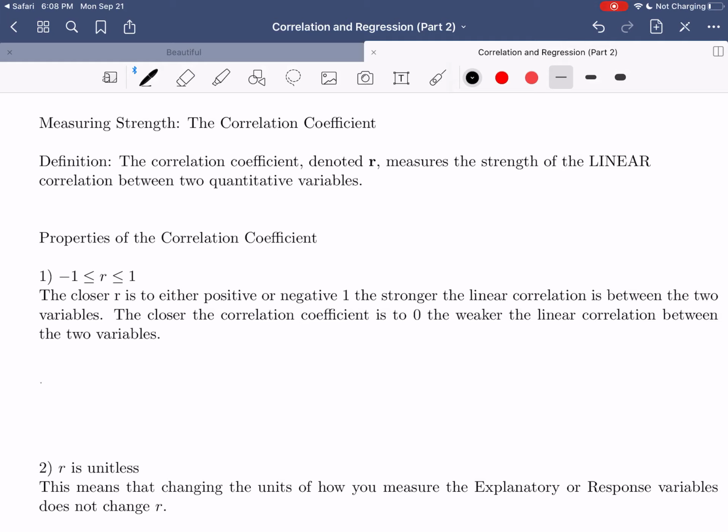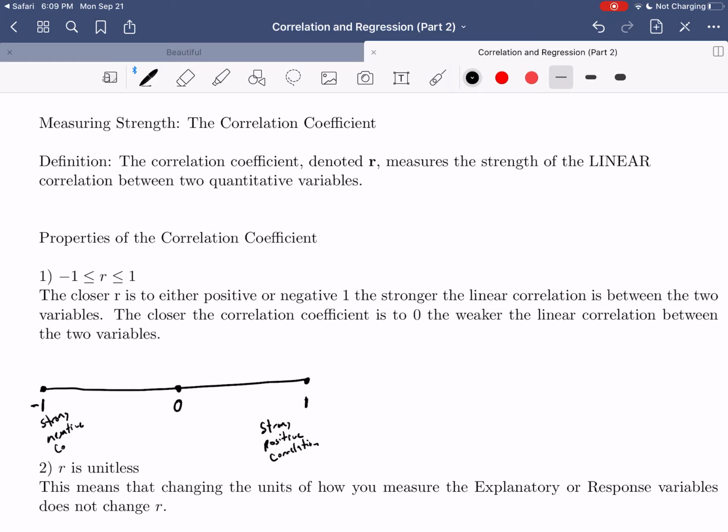So if you want to visualize that as a number line, imagine we have our number line there, if that is -1, and that is +1, and right in the middle is 0. Well, what this is telling us is that this stuff over here is strong positive correlation. This stuff over here near -1 is strong negative correlation.